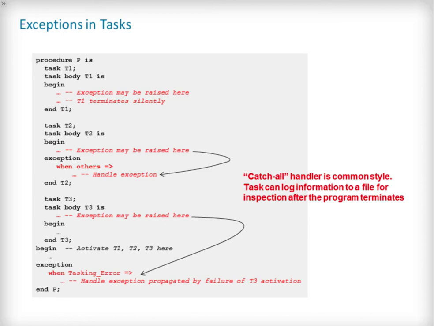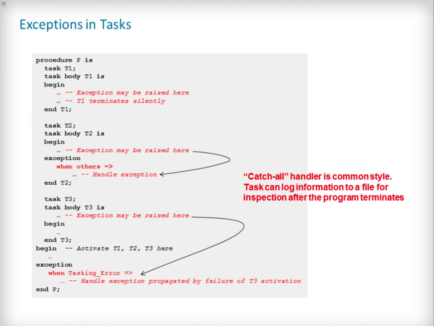Here is an example that illustrates some of these rules. If T1 raises an exception during the execution of its statement part and does not handle the exception, then it terminates with no notification to the surrounding procedure. If T2 raises an exception during the execution of its statement part, then this exception will be handled by the task's own handler.